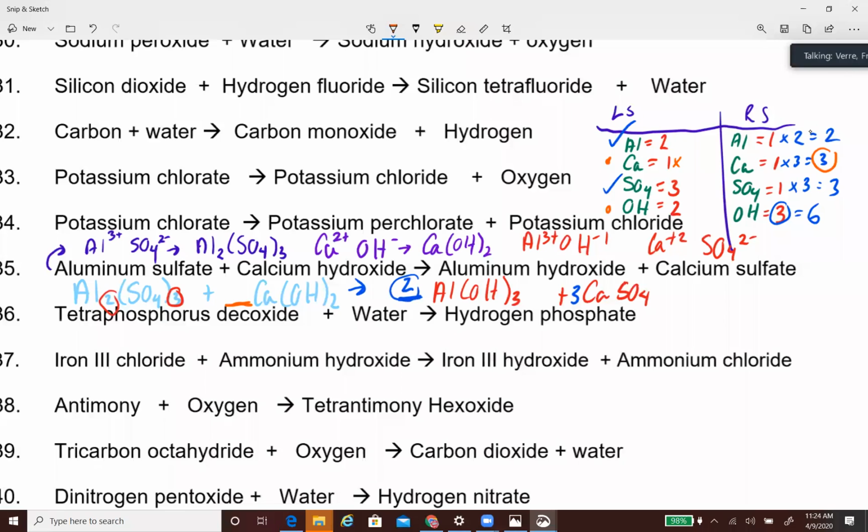So if I multiply this by 3, that will balance out. And if I did this right, that means the hydroxide should also be balanced, because that number 3 multiplies everything. So it multiplies the number of calcium, but also multiplies the number of hydroxide, right? So that's going to be now 3 times 3. That's going to give me 6. So everything's balanced. Left side equals right side.